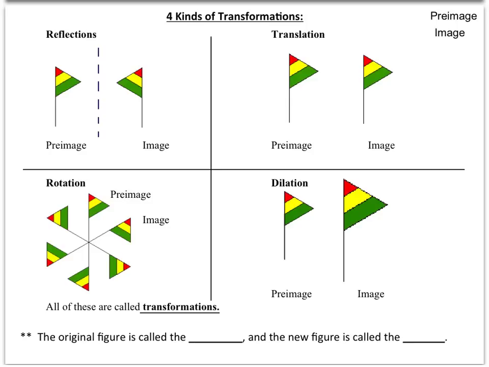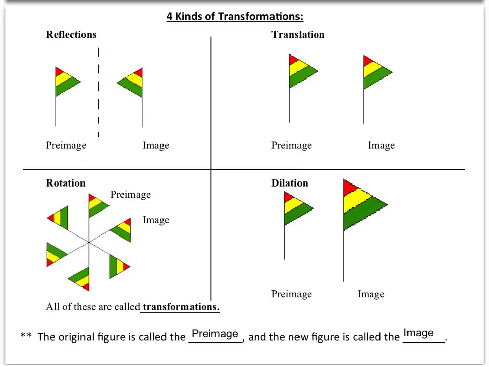There are 4 different kinds of transformations we're going to look at. And in all of them, the original figure that we actually start with is called the pre-image. So think pre, think before. And then what comes out of using the transformation is the image, or the product. And that's the new figure.